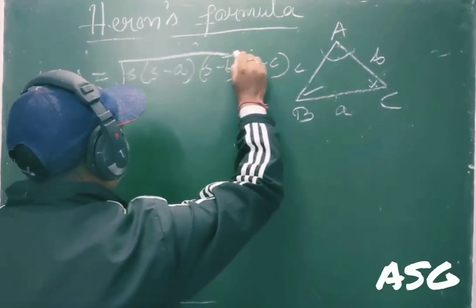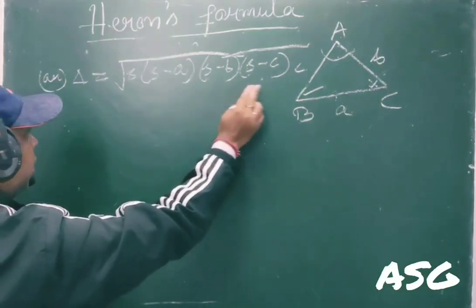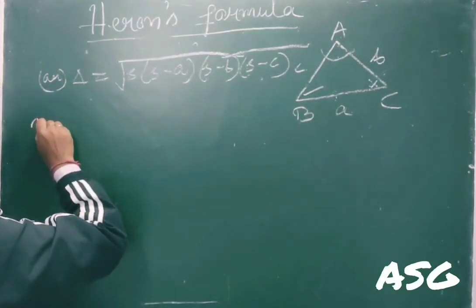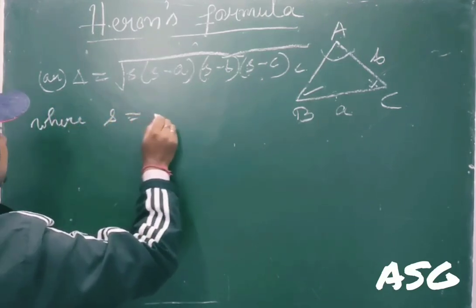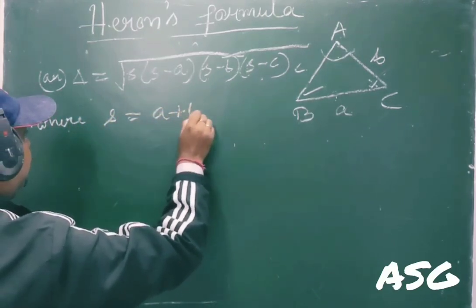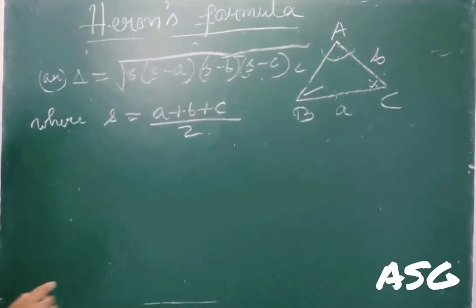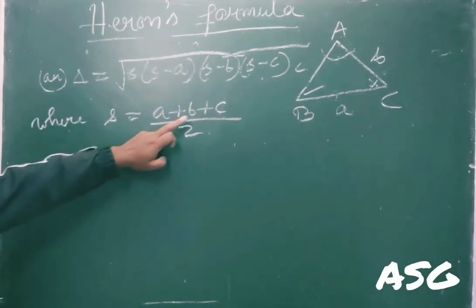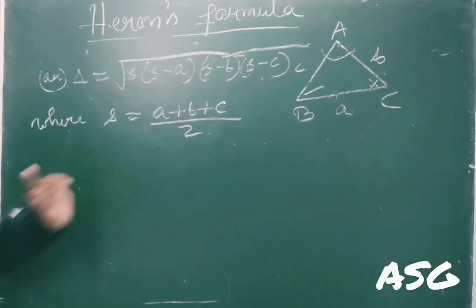Now what does this S mean? S is the semi-perimeter, which is half of the perimeter. That is a plus b plus c divided by 2. A plus b plus c means perimeter, divided by 2 means semi-perimeter.